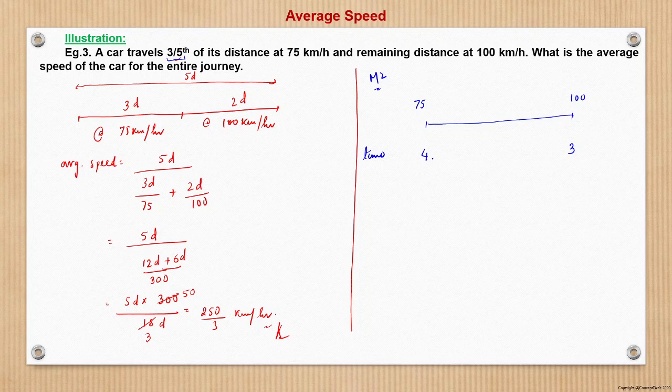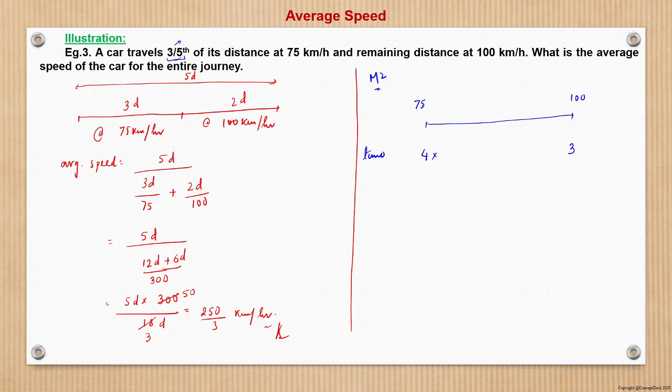But time would have been in ratio 4:3 only when the distances covered at the respective speeds were the same. However, that is not the case. The distance covered at 75 is 3 by 5, and the distance covered at 100 km per hour is 2 by 5. That is, distance is in ratio 3:2. So therefore time taken will also now be directly proportional.